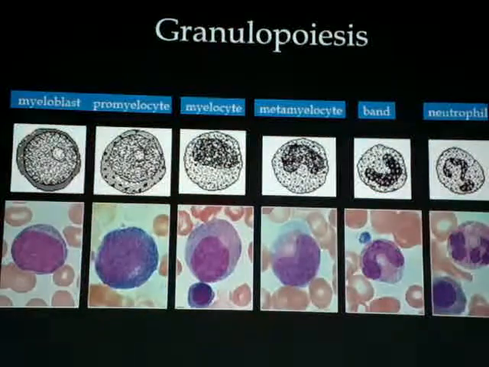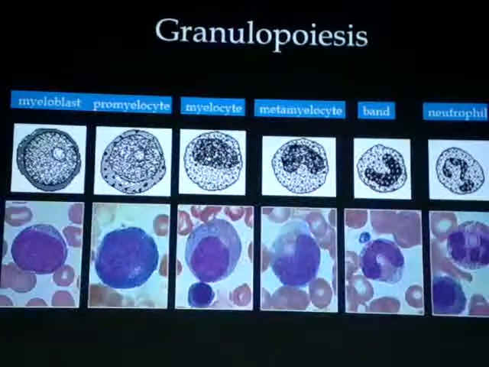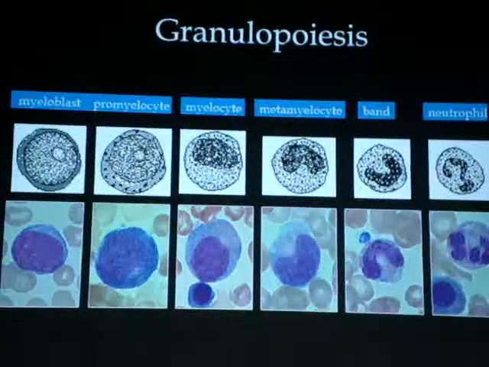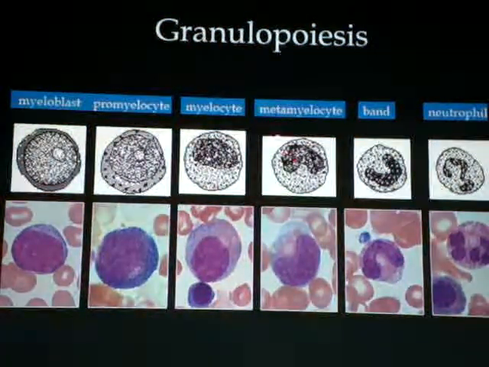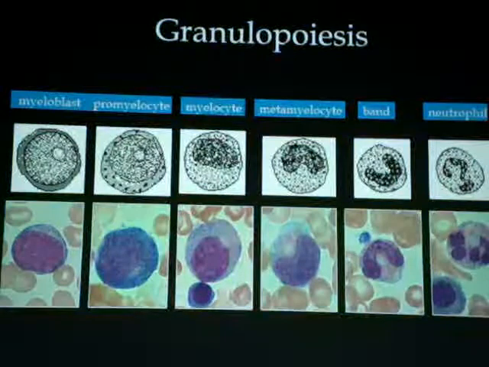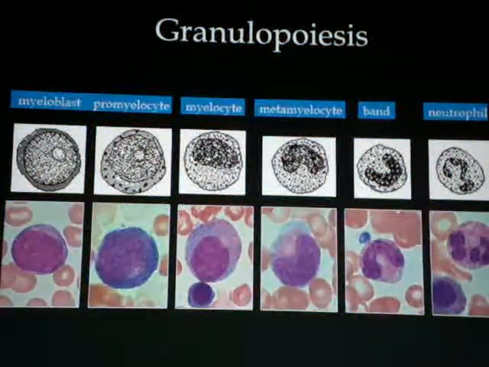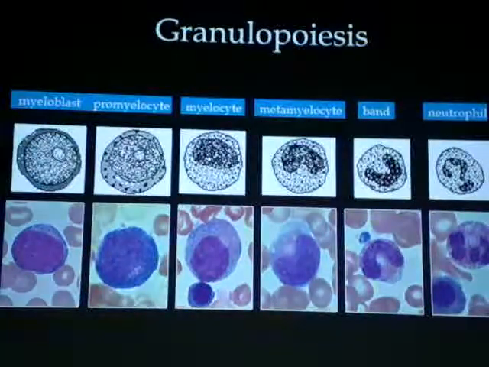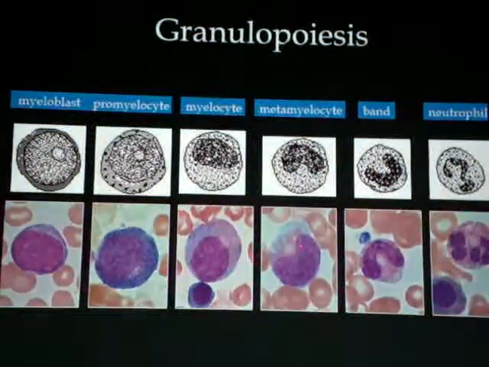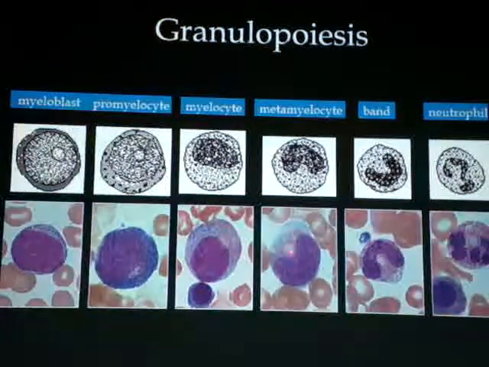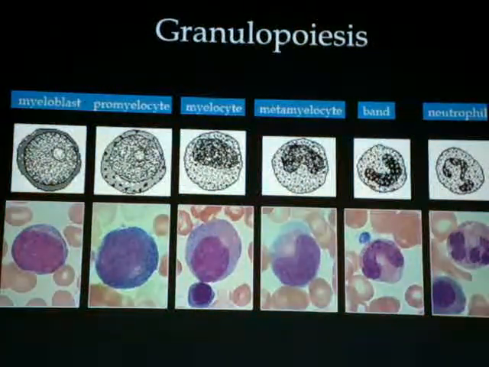And then the next cell in the lineage is the metamyelocyte. The contents of the cytoplasm of the metamyelocyte are similar to those of the myelocyte, containing both azurophilic and specific granules. The difference will come in the shape of the nucleus. There will be indentation already in the nucleus of a metamyelocyte.